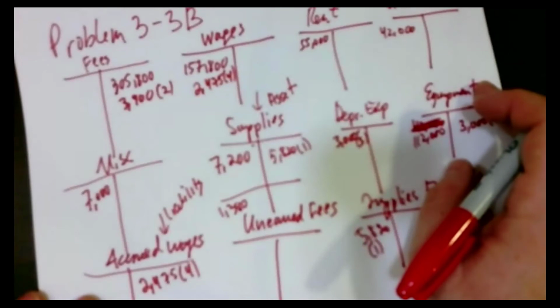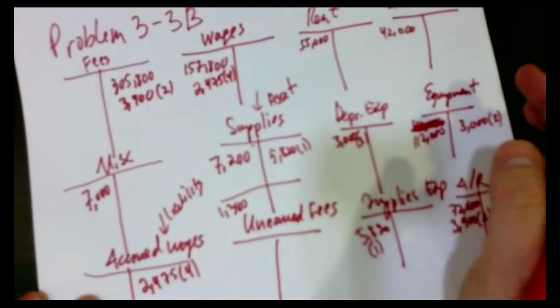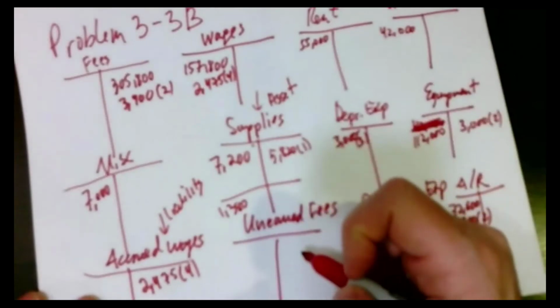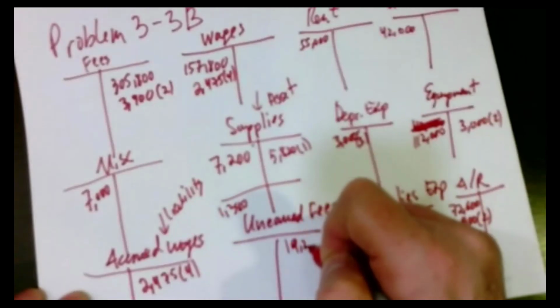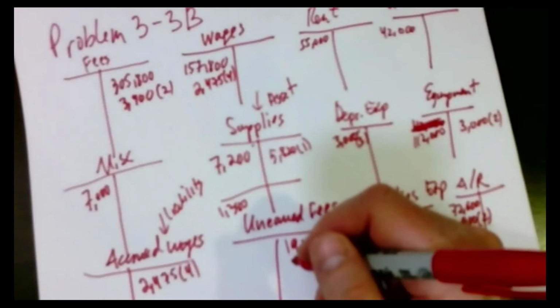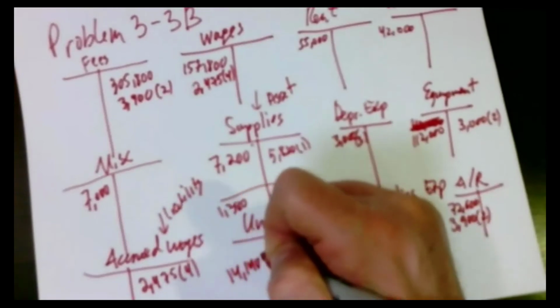And finally, the balance of unearned fees represented receipt of advance payment for services to be provided. Only 14,140 was provided between April 1st and 30th. So you need to recognize what was provided as revenue. The starting balance in unearned fees was 19,200, and some of that, 14,140, was provided.